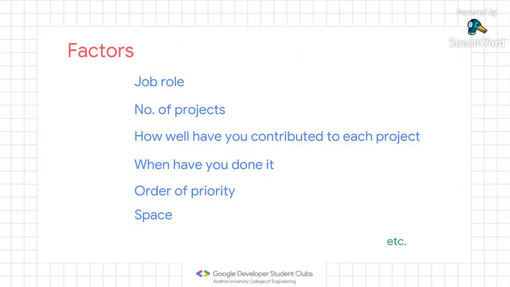Let's say you're applying to an SD internship. Adding in your design experience doesn't really make sense because that will not add value at the end. Writing about your research experience or something else which doesn't really support your resume with respect to the role, chuck them out. And then comes the number of projects.